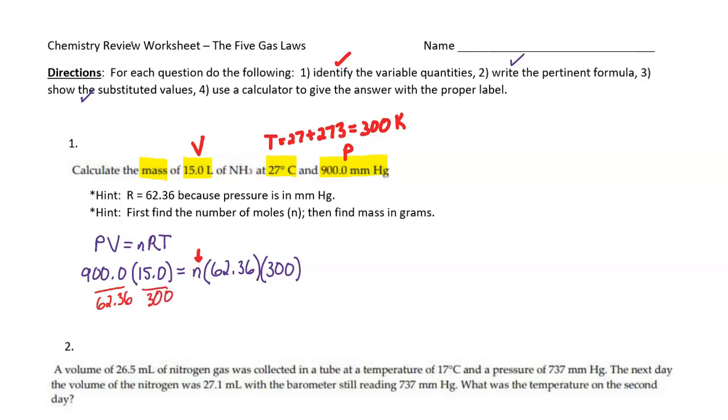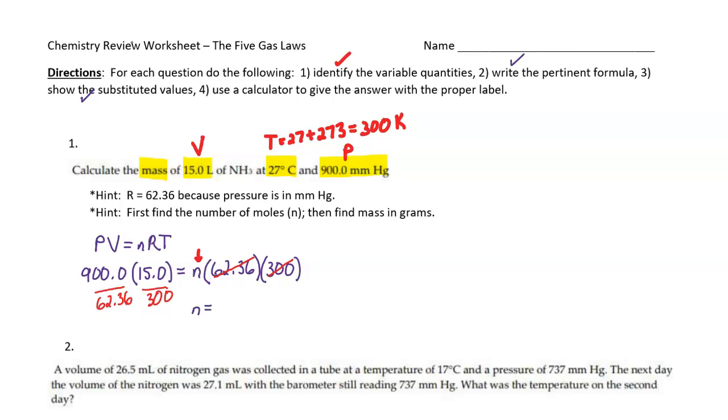Your math teacher probably wants you to show that on both sides of the equation, but in chemistry class, the more important thing is that you're able to articulate what it is you need to do to get the variable alone. By dividing by 62.36, this number cancels. When you divide by 300, this number cancels, and you're left with the letter n.